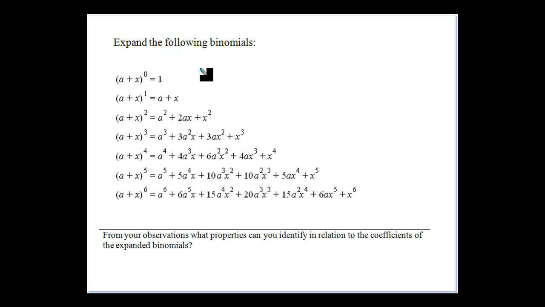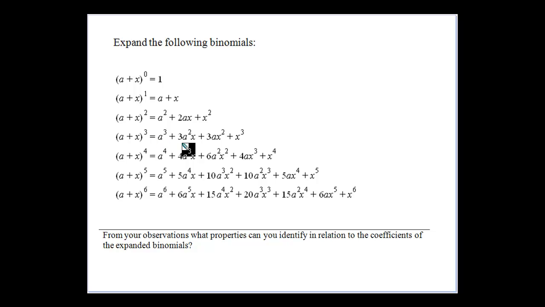So again, if we're going to expand a binomial like this, instead of 1 plus x, a plus x to the power of 0, well, there's 1. a plus x to the power of 1 is a plus x. a plus x all squared will be a squared plus 2ax plus x squared. a plus x to the power of 3 is a cubed plus 3a squared x plus 3ax squared plus x cubed.